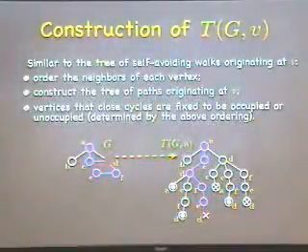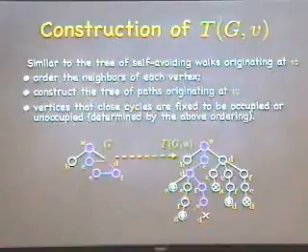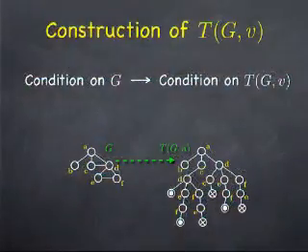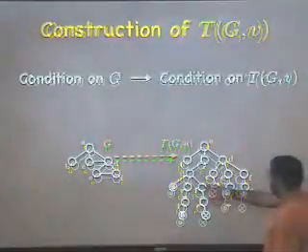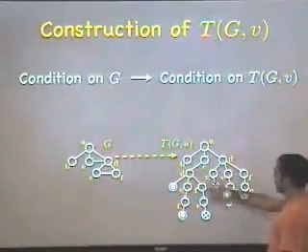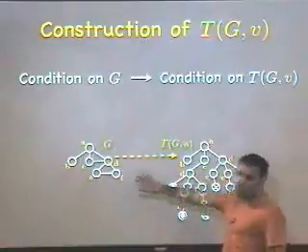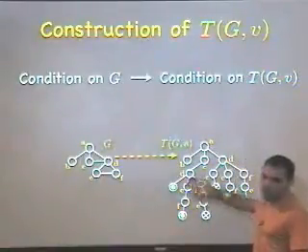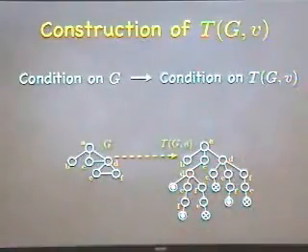Now I still have to tell you how I copy conditions from G to the tree, and actually this is a very natural correspondence. It's what you would expect. Namely, you see here that every vertex in the tree, you can think of it as being a copy of some vertex in G, namely the vertex that was visited when I created this vertex in the tree.